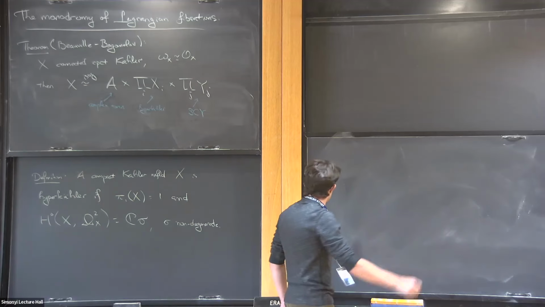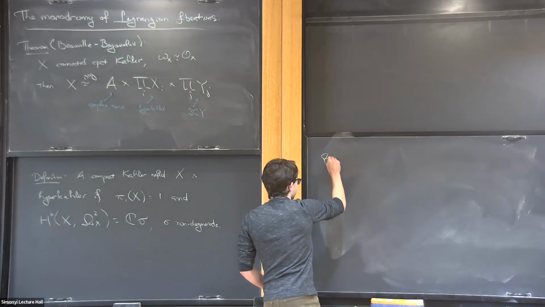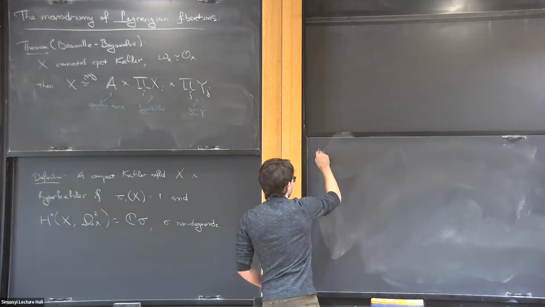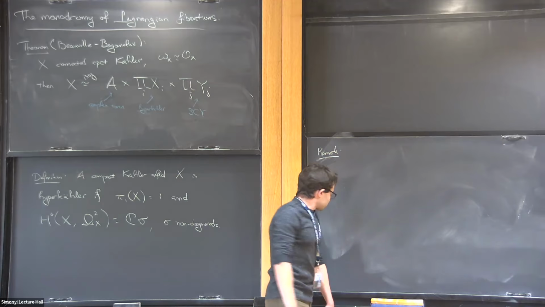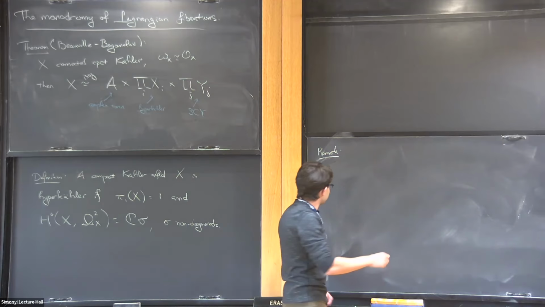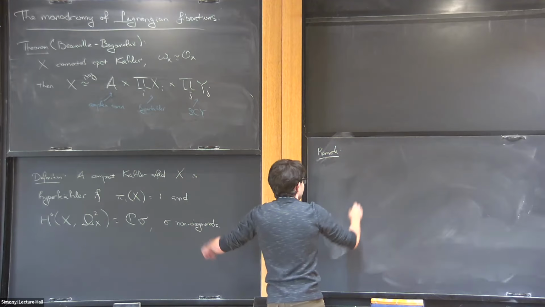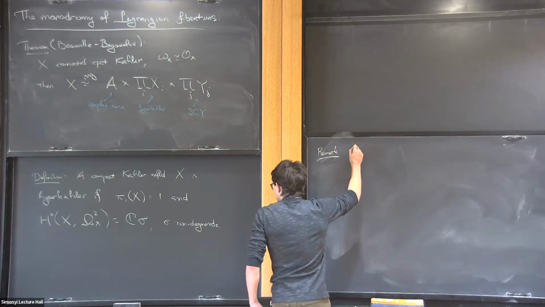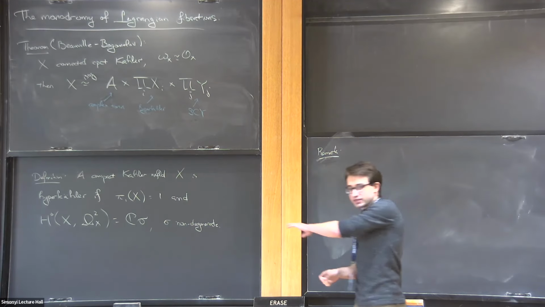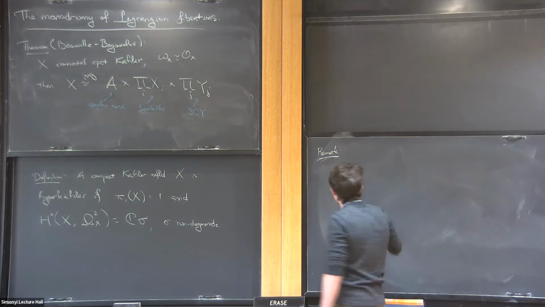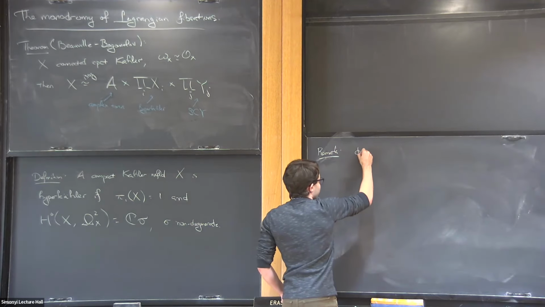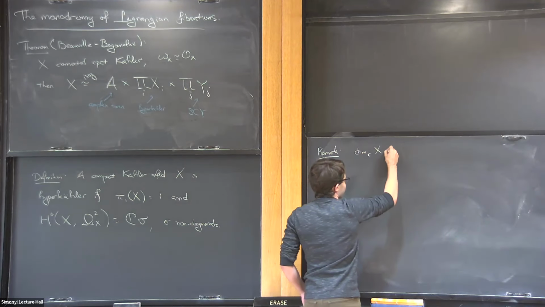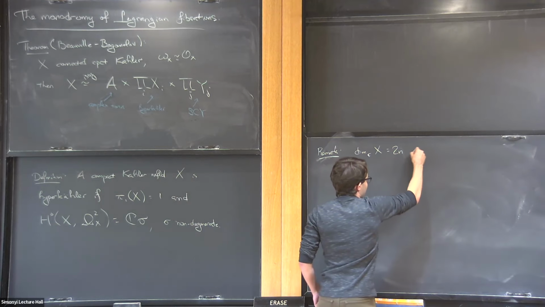So a few remarks just based on the definition. The first thing you're going to want to notice is that X admits a symplectic form, which automatically means that the complex dimension of X is even.